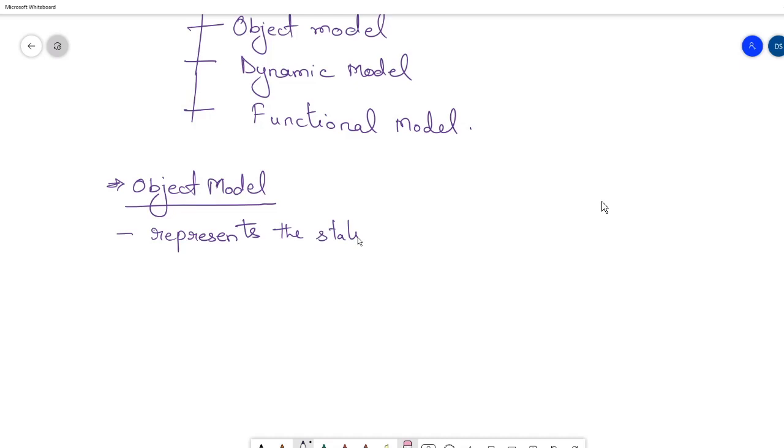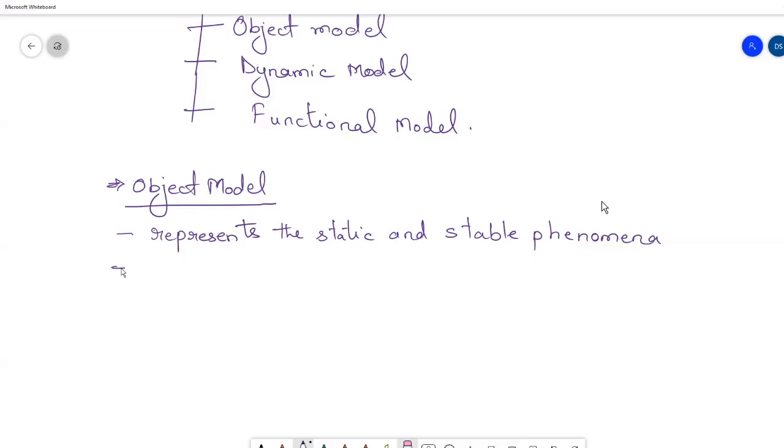Now, the main concepts are the classes and the association. So, in the object model, the main important thing for us are the classes and how associations among the attributes are taking place and what all operations are being performed. That is the main part in this.